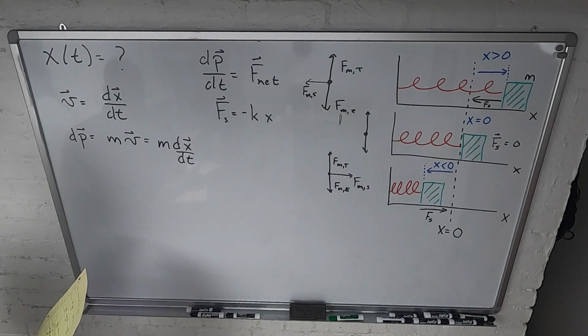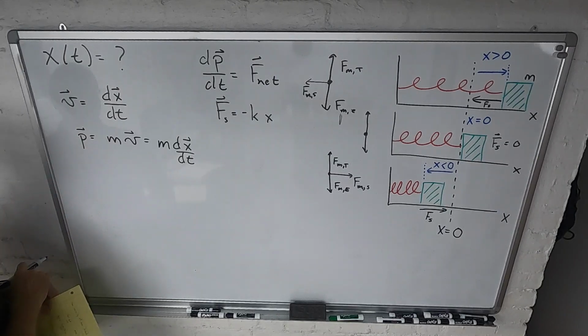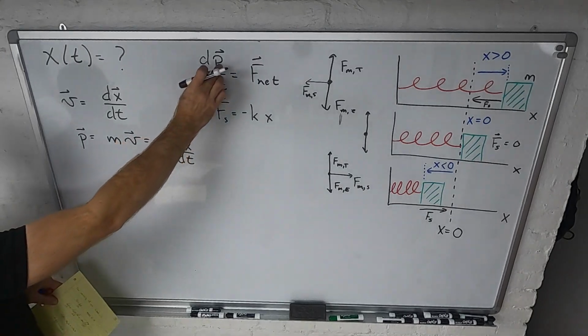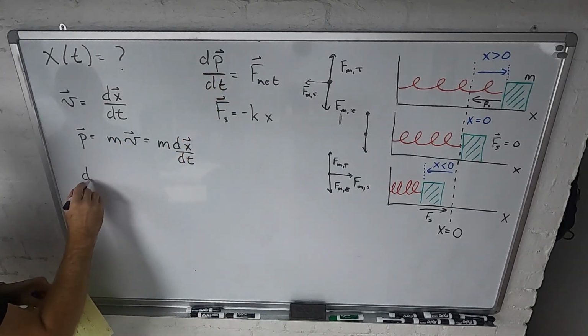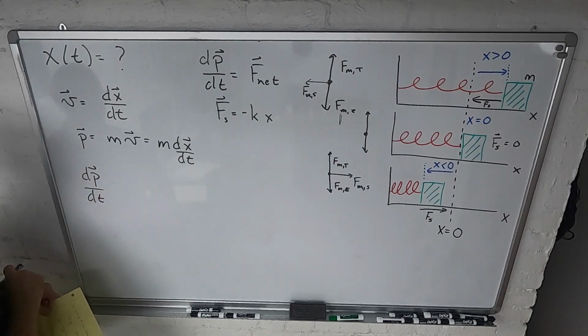So let's now think about how this all will come together. So this is just p. I'm sorry, not dp. P. Let's take the derivative of p, dp/dt. Okay, so our mass is not changing, so we don't need to worry about that.